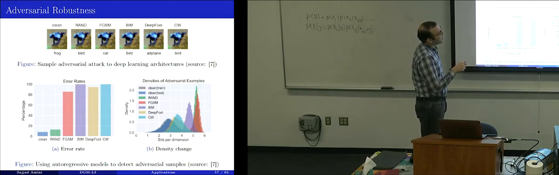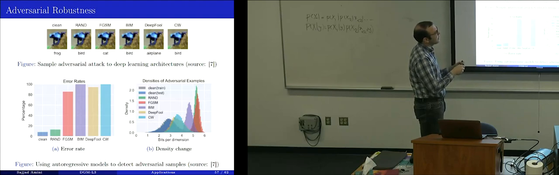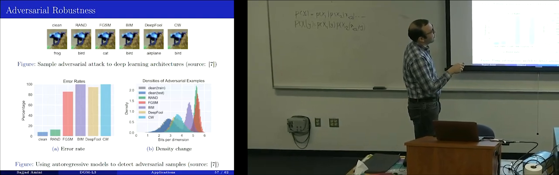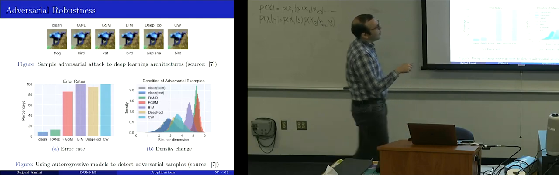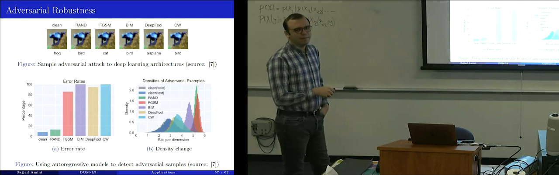And these are the methods that design the perturbation more intelligently than random. For example, this is the FGSM method. It outputs cat. This is BIM, another method. It outputs bird. You can see that it just adds some perturbation here. And this is DeepFool, which outputs airplane. This is the CW attack, Carlini and Wagner, which outputs bird. Although all of them are frogs for humans.